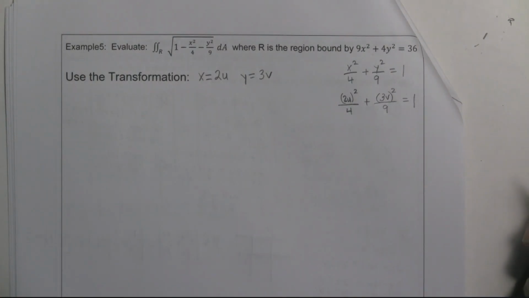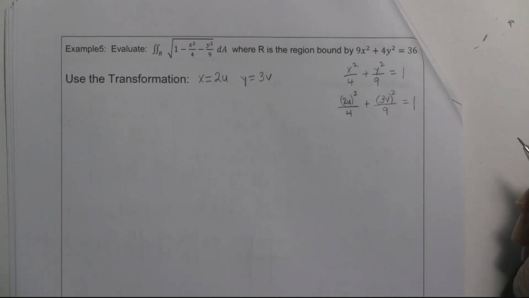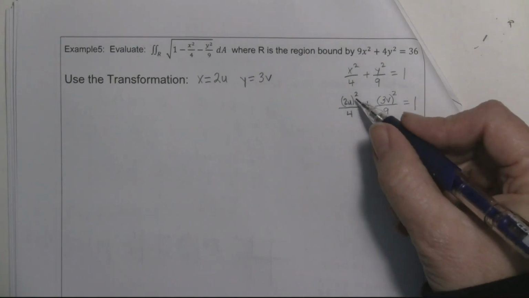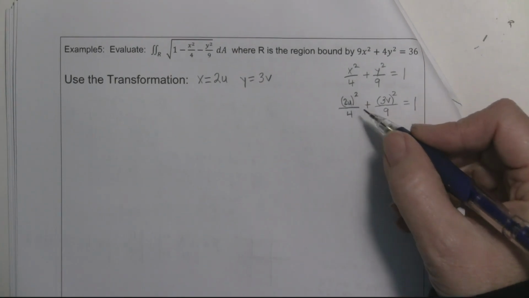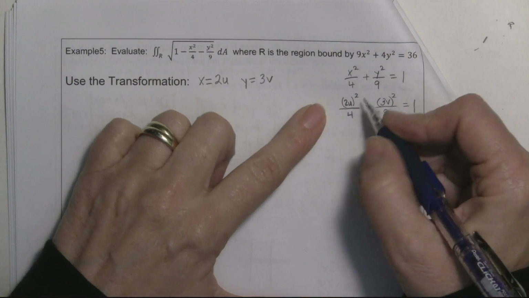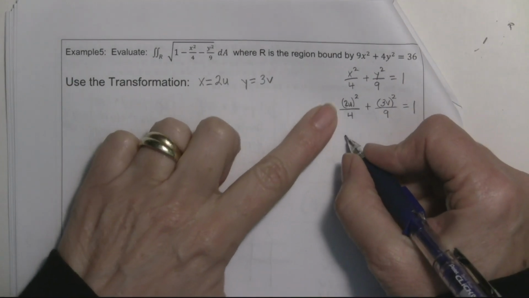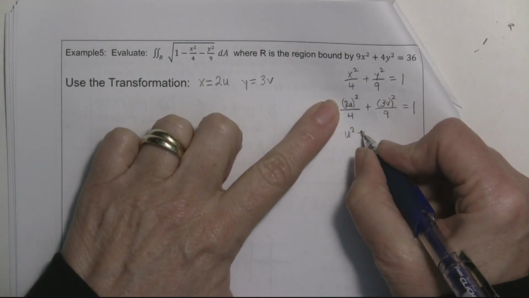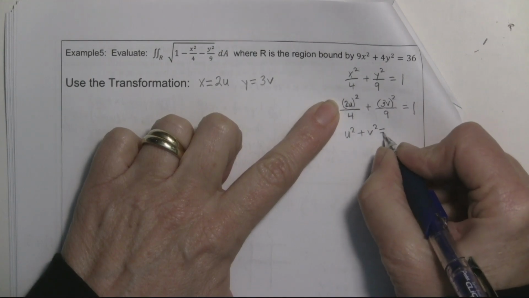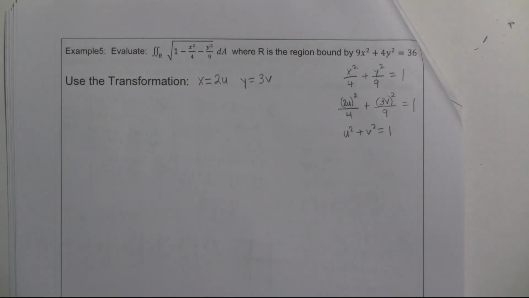So how that changes our little lives is that when you put that u substitution in here, instead of this ellipse you get u squared plus v squared equals 1, which is a circle.